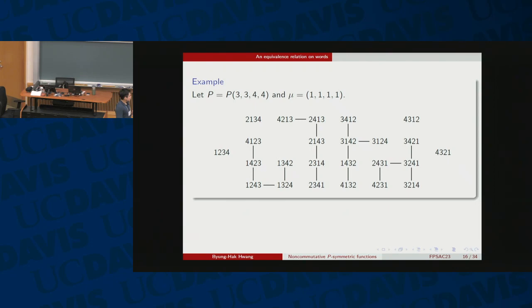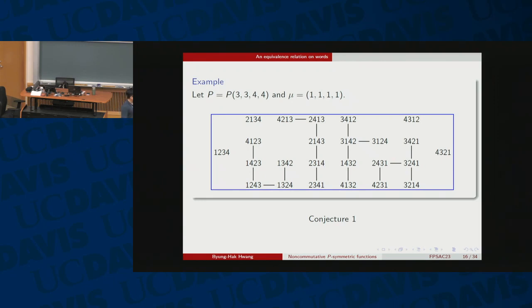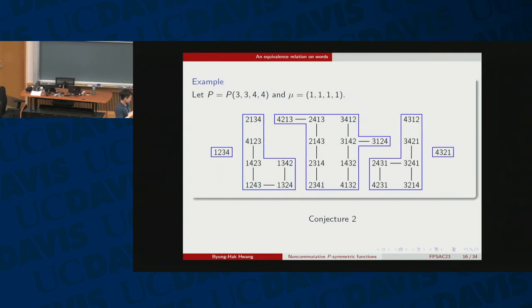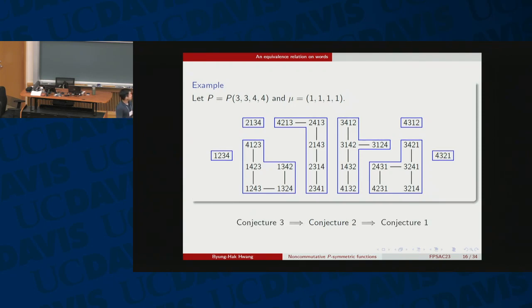Conjecture 1, the Stanley-Stembridge conjecture, says that the sum of the fundamental quasisymmetric functions of all words is H-positive. The second conjecture says that each such summation is H-positive. Finally, conjecture 3 says that each connected component defines an H-positive symmetric function. So obviously, conjecture 3 implies conjecture 2 implies conjecture 1.